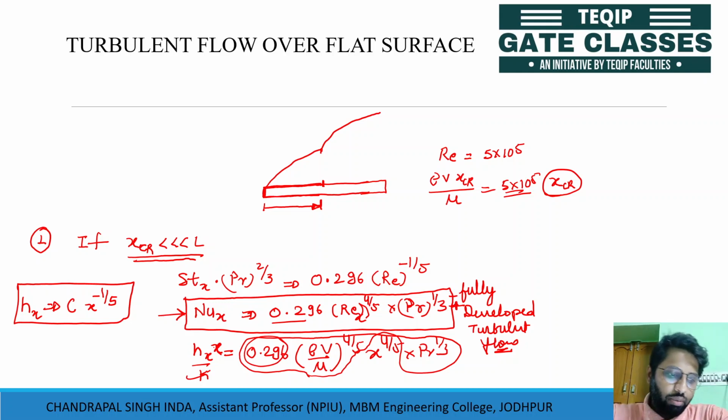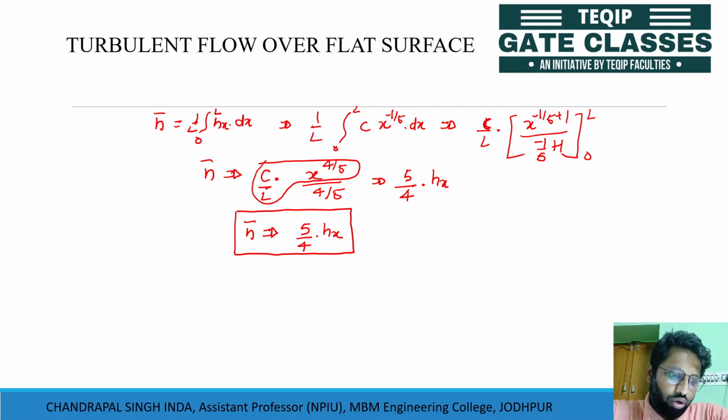And there is another method, in which the laminar flow is significant. Means the value of this critical length is quite large, not negligible as compared to the length of the plate. In that case, we are going to use the Colburn analogy.